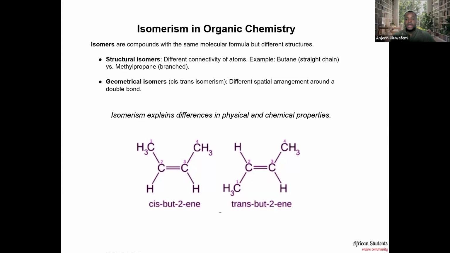For the other one, we call the trans, you can see that they are diagonal to each other. One is on one end, on carbon 3, and the other is on the other end, on carbon 2, diagonal like that. So that is trans isomerism. This is basically the difference between the cis and the trans isomerism.